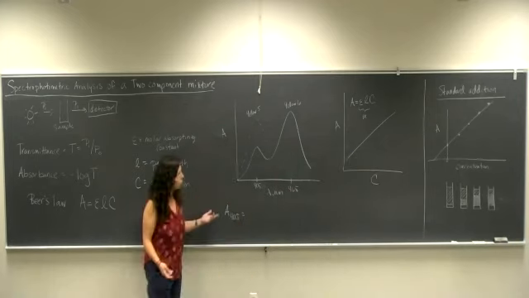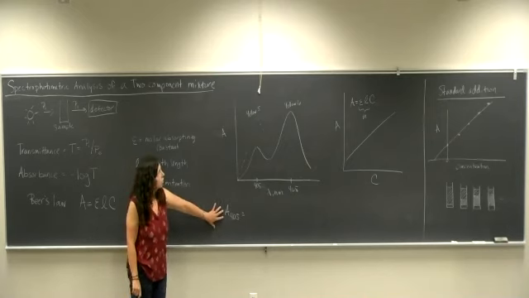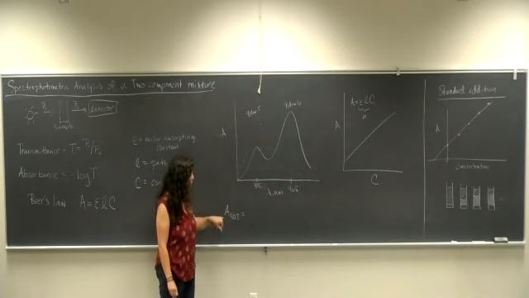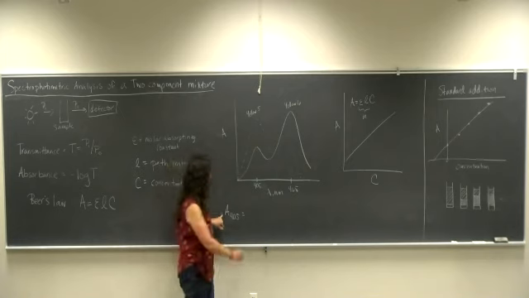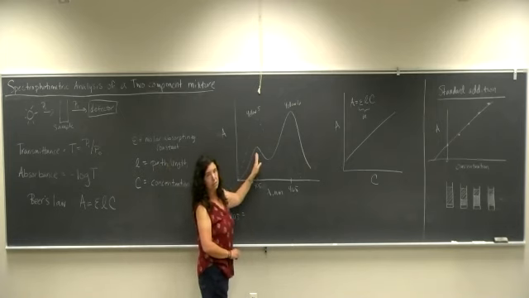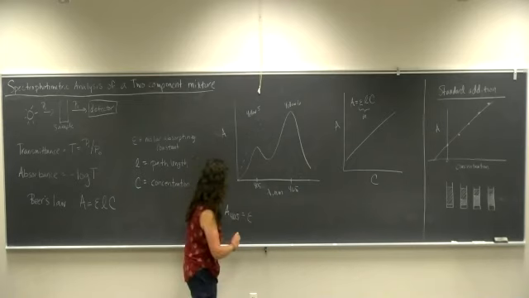And so where this comes from, if we're looking at our absorbance at 405, using Beer's law, I know that if it's additive, my absorbance at 405 is going to be the absorbance of yellow 6 plus yellow 5. And that's going to depend on the molar absorptivity.